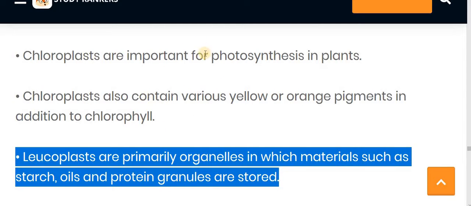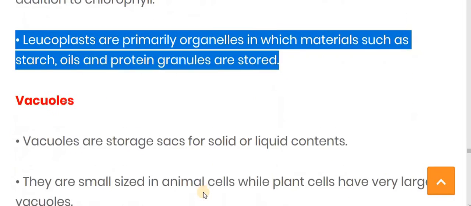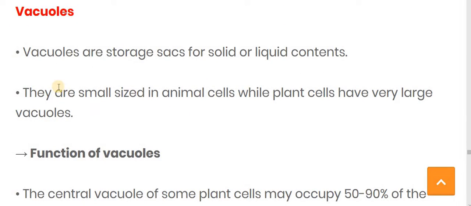This storage work is done by the leucoplast. So leucoplasts are the primary organelles in which materials such as starch, oil and protein granules are stored.